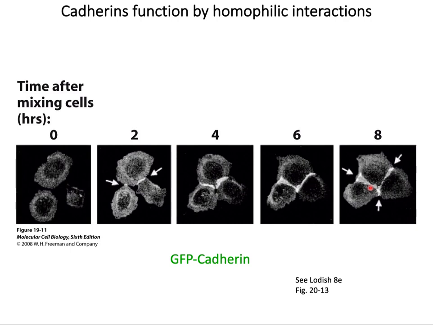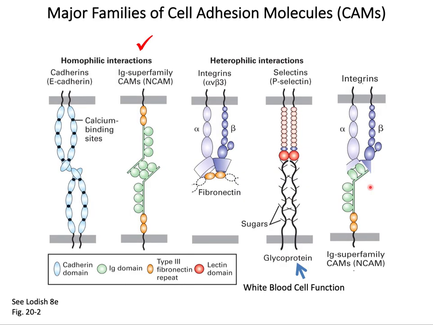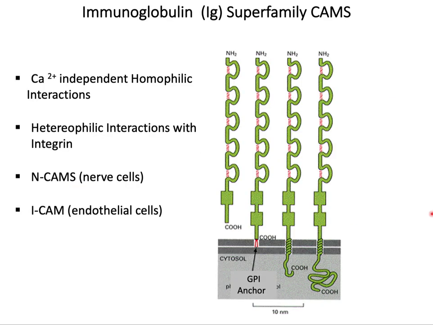And that's pretty much all about cadherin. So now let's take a look at another example of a homophilic interaction, and that is the Ig superfamily of cell adhesion molecules. This is a very, very large family of cell adhesion molecules, hence the name superfamily.